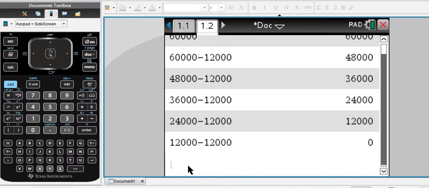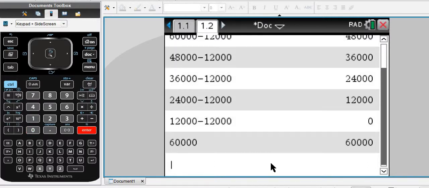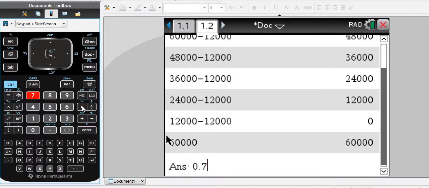Now, reducing balance, $60,000. Okay, I'm going to hit enter again so the calculator remembers that. Now, reducing balance depreciation means I'm coming down, all right, and if you remember it was 30%, I'm coming down by 30%, so I'm going to times by 0.7, all right, because I'm coming down by 30% every time.